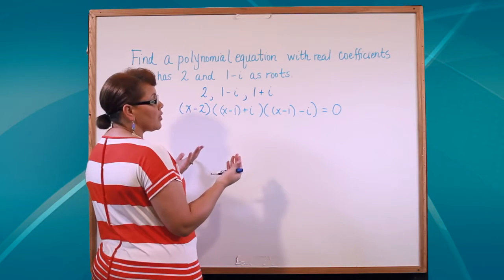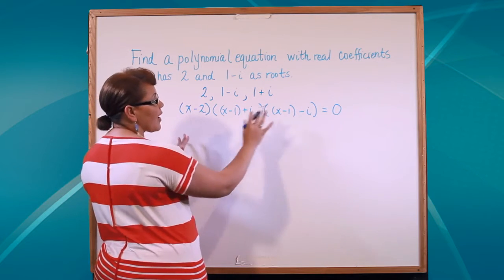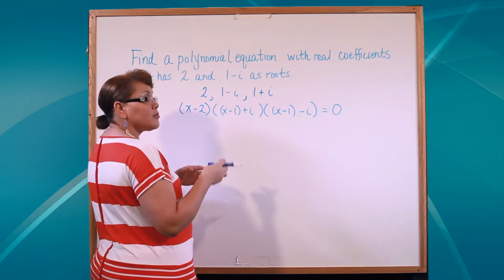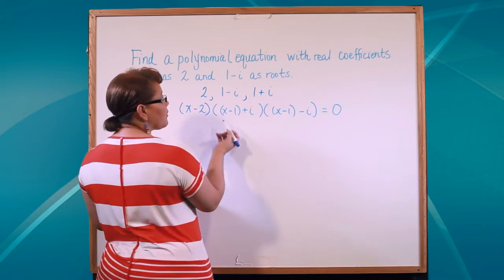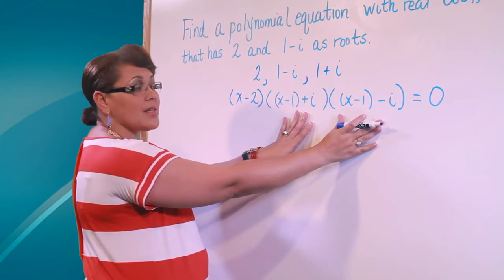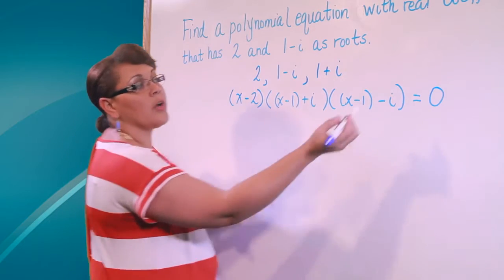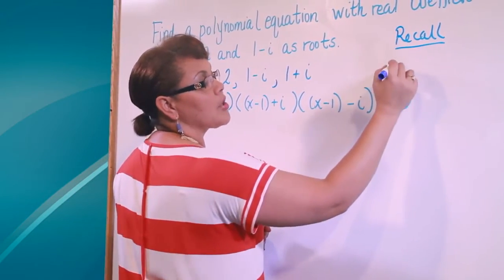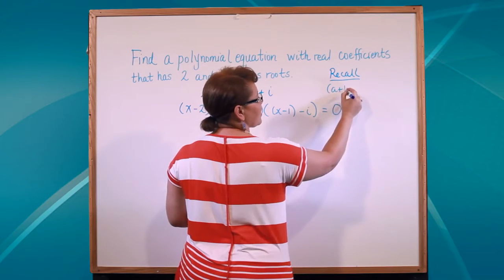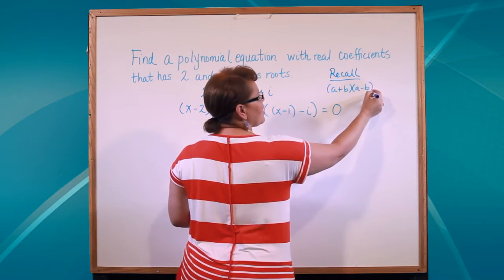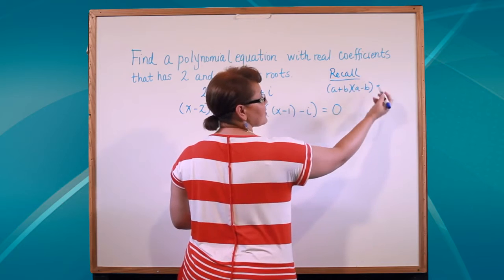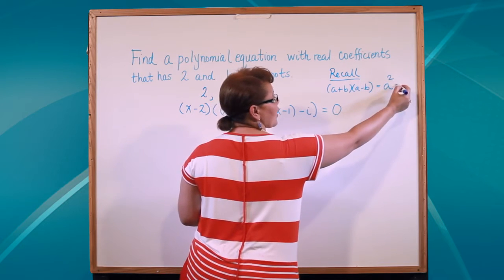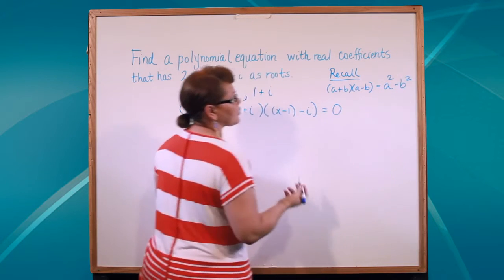So the next thing I want to do is, since I have 3 factors, multiply them 2 factors at a time. So I'm going to do the conjugate pairs set of factors first. Recall that if you have conjugate pairs, a plus b and a minus b, when you FOIL them, they simplify to a squared minus b squared.